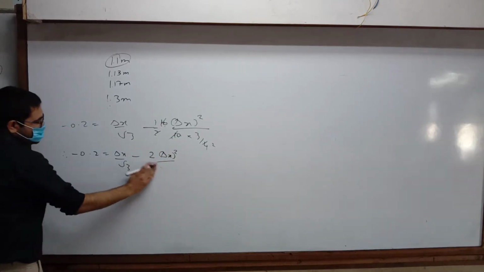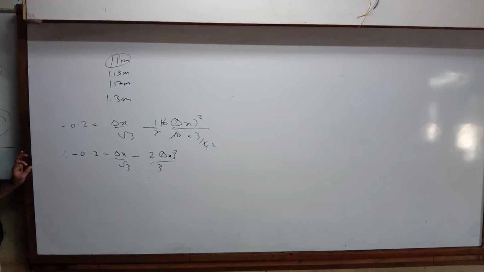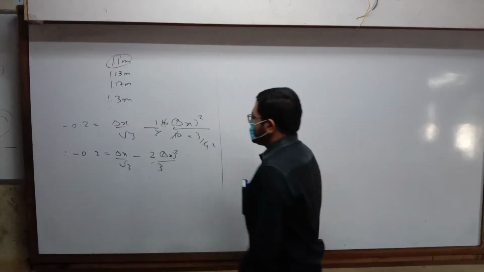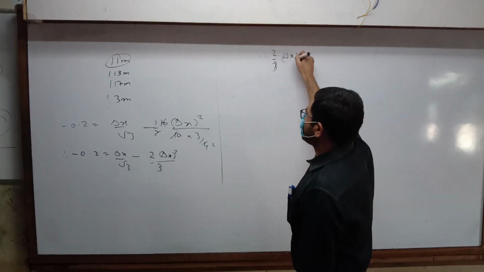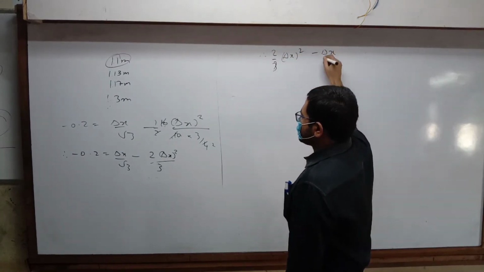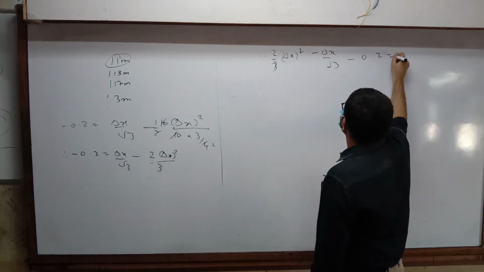So this is a quadratic equation and there is no other option but to take the discriminant, right? First we rearrange it: 2/3 delta x squared minus delta x by root 3 minus 0.2 is equal to 0.